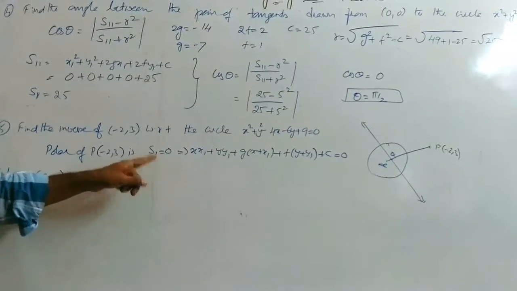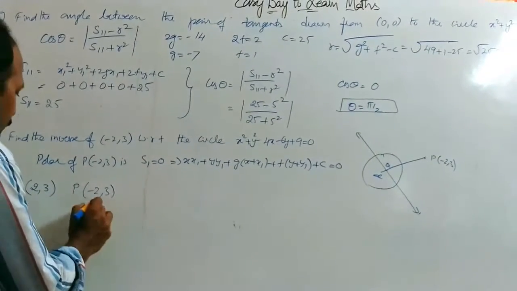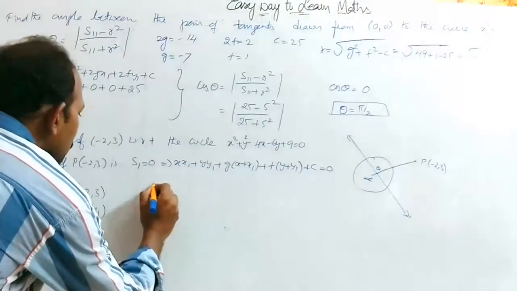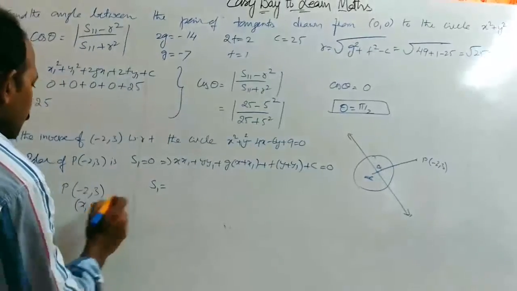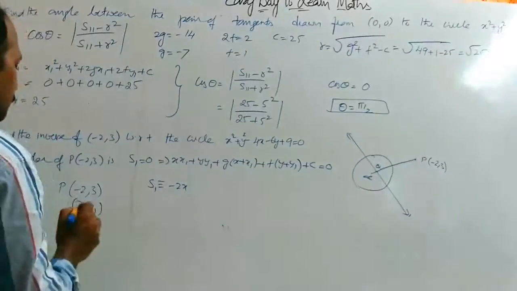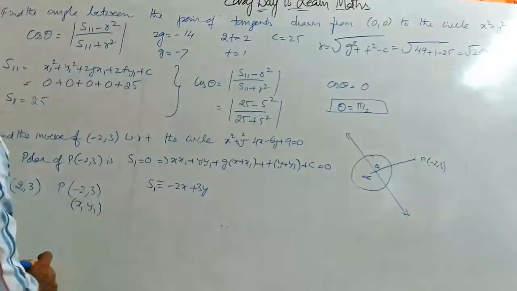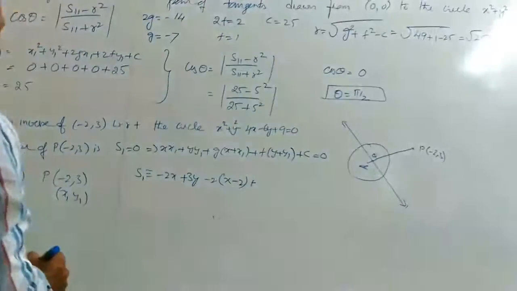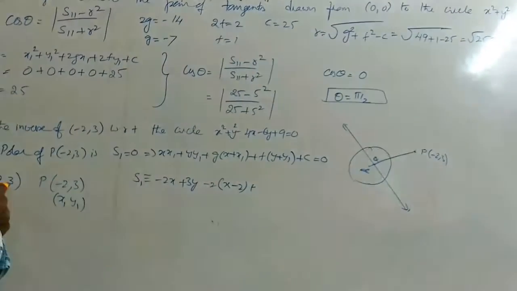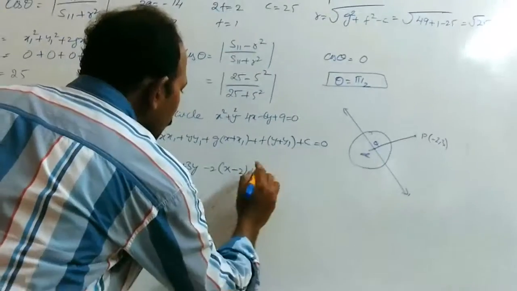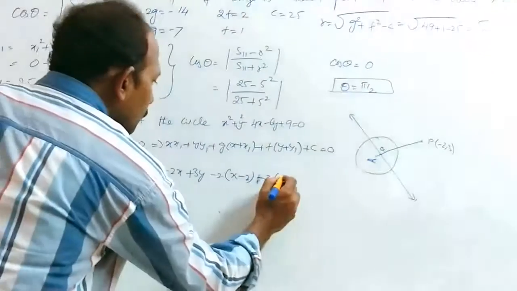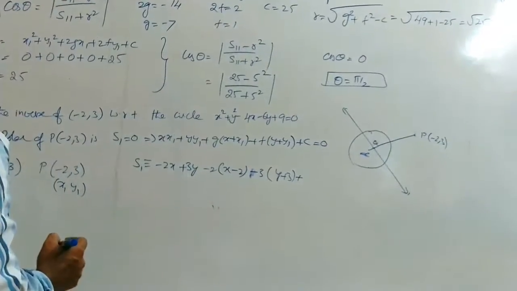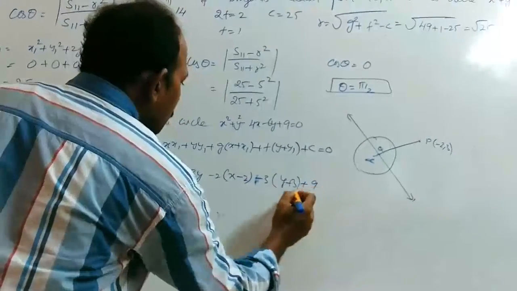Now let us find the polar. Substituting into xx1 + yy1, S1 is equal to −2x + 3y + g(x + x1), that is −2(x − 2), plus f, which is −3, into (y + y1), that is (y + 3), plus c, which is 9, equal to 0.